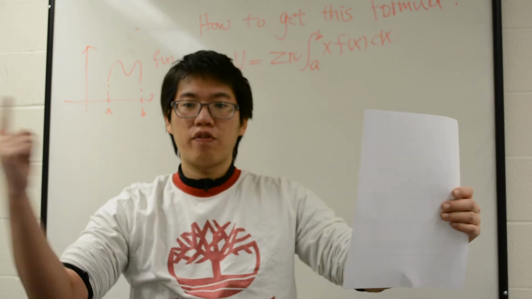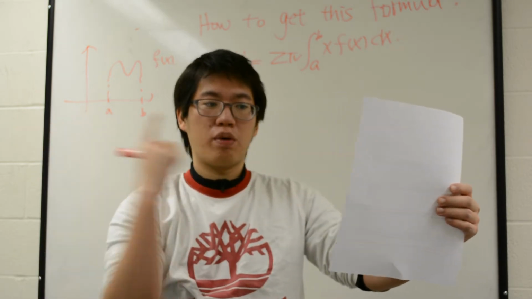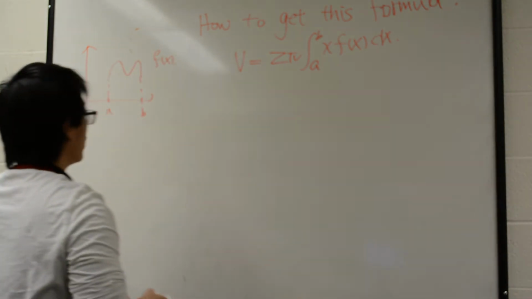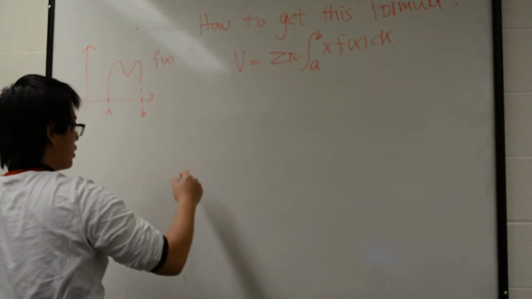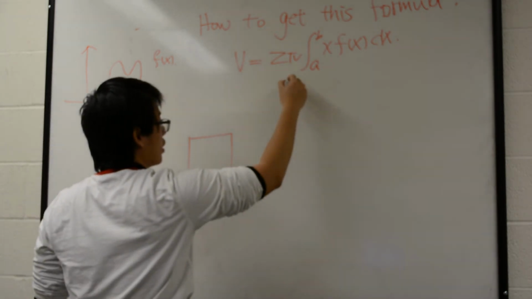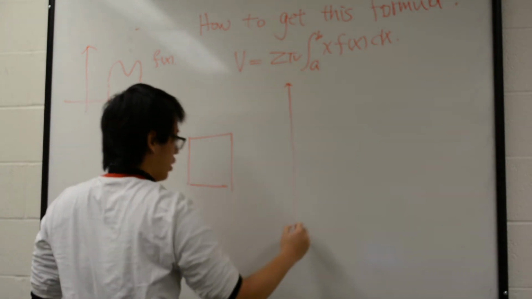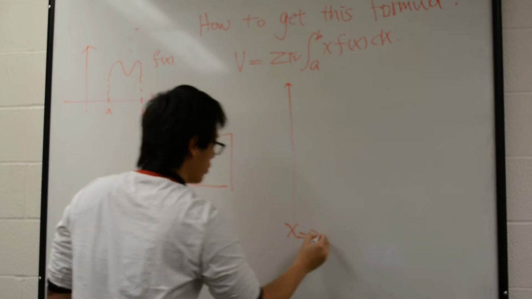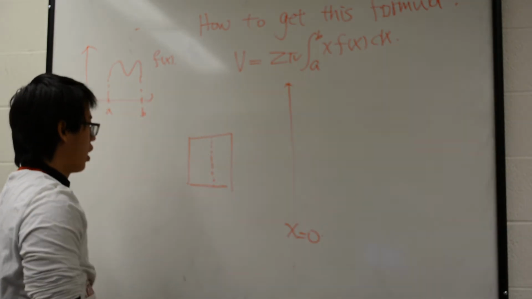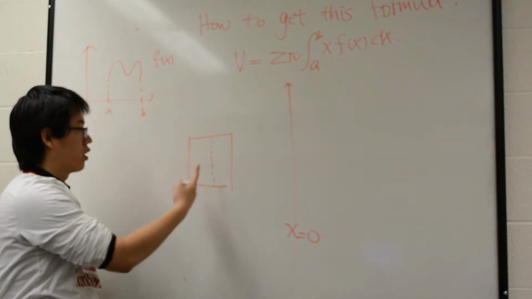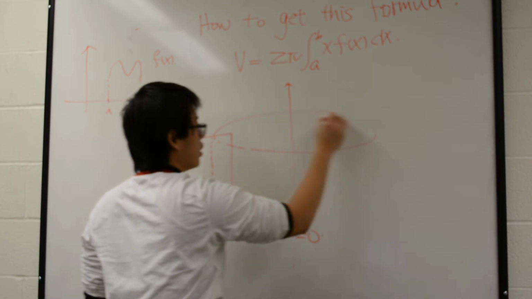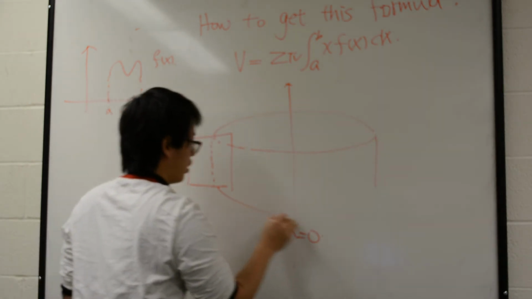The rotation of the slice will become a cylinder. So what I just said is, if I have a square and it's rotated about x equal to 0, and you consider one slice on the square, you rotate it, it will give you a cylinder.